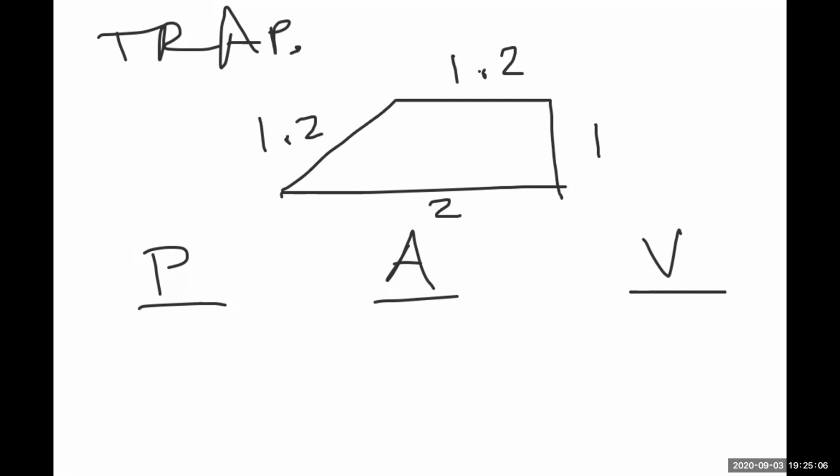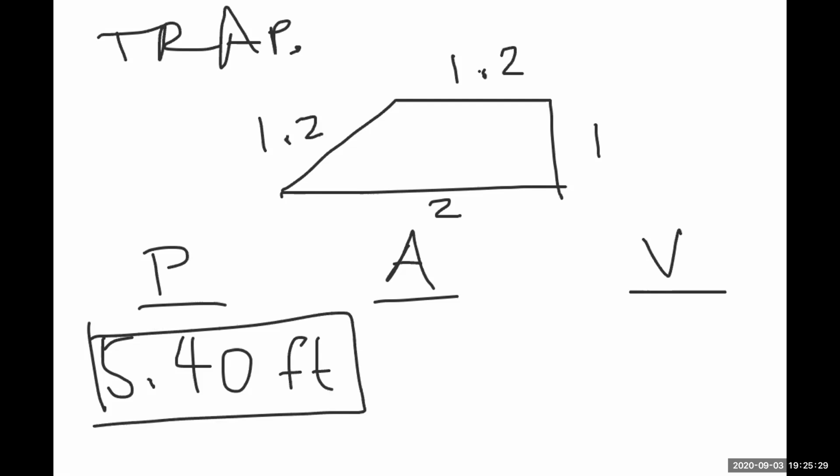I don't know if it works out, but let's just assume that it works out. If I wanted to find the perimeter, I would just add up all 4 sides. So 1.2 plus 1.2 is 2.4, 4.4, 5.4. So that would be 5.40. Let's just say it's in feet. That's our perimeter. You just add up all 4 sides.